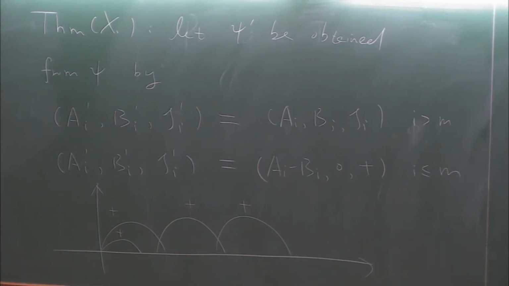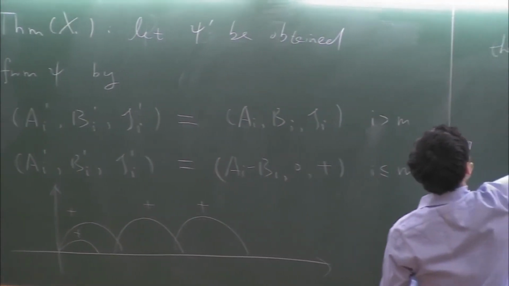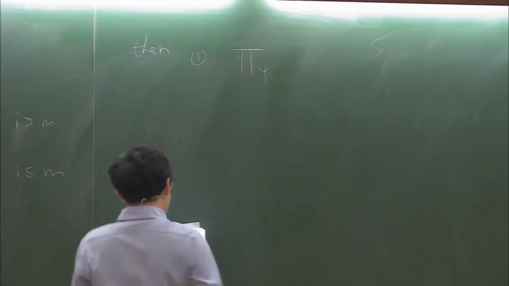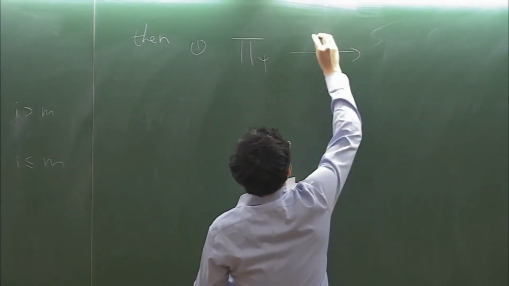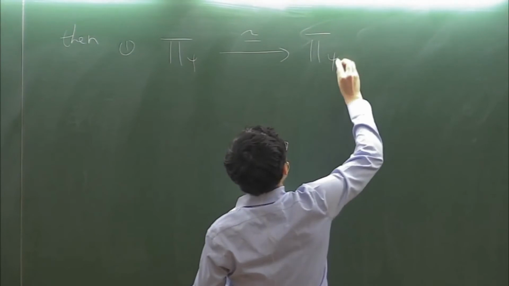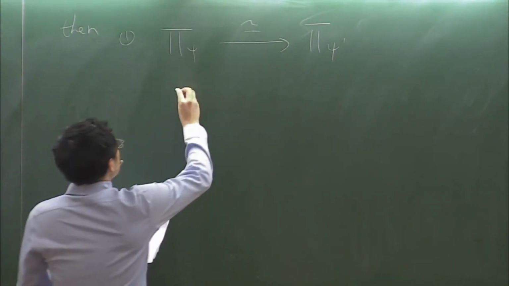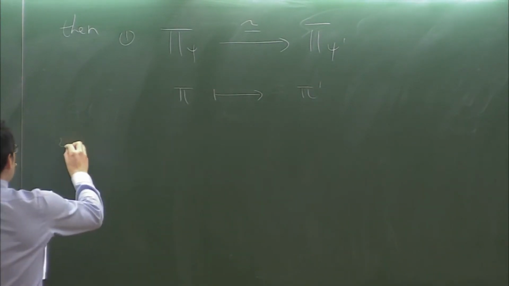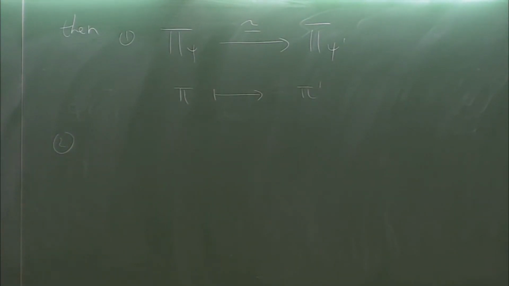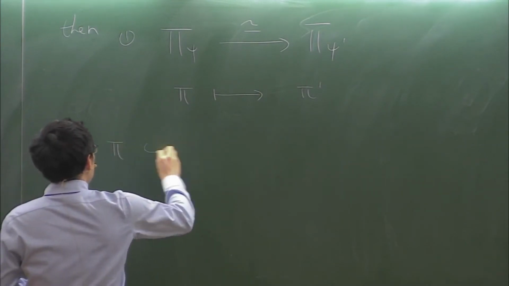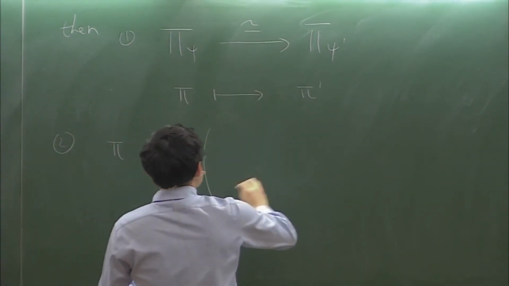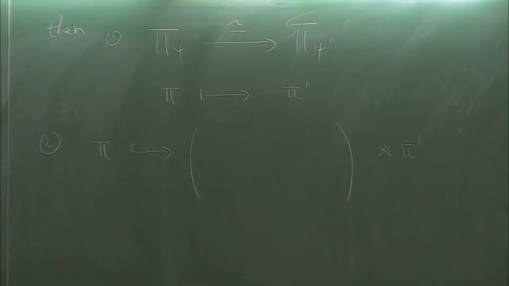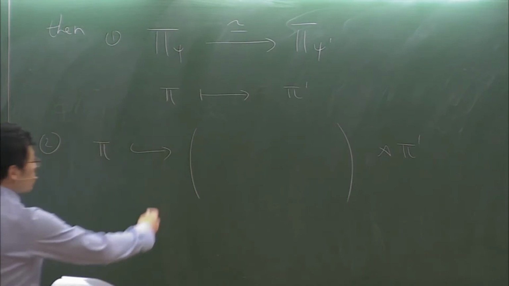Okay, so the result is, first, there's a relation between these two A-packets, and in fact, it's a bijection. So I'm sending pi to pi prime. The second statement is, well, what's the relation? So pi can be embedded into the following induced representation where you have pi prime, and here I'm putting a matrix.